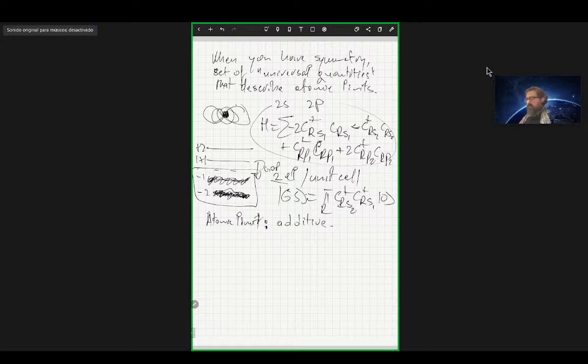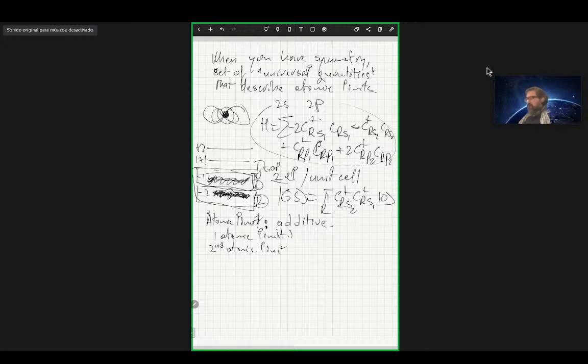In other words, if I have one atomic limit, and this is the atomic limit of the shell 2 electrons, and I have the second atomic limit, i.e. the atomic limit of the shell 1 electrons. Actually, these are shell 2, these are shell 1, but in any case, it doesn't matter.